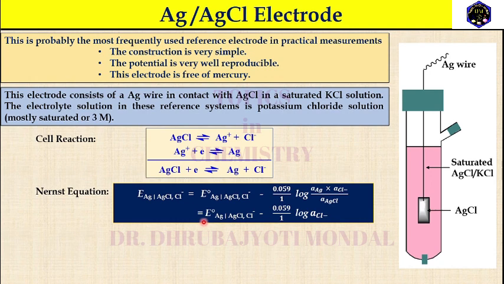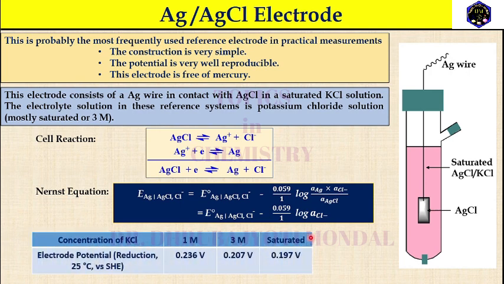So E is equal to E0_Ag/AgCl,Cl- minus 0.059 by 1 log activity of Cl-. From the Nernst equation you can see that the electrode potential of the AgCl electrode depends on the concentration of Cl-. That's why if you change the concentration of Cl-, the E value of AgCl also changes.